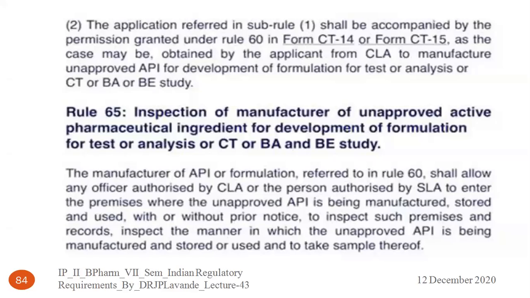So the manufacturer of the API or formulation referred to in Rule 60 shall allow any officer authorized by Central Licensing Agency or the person authorized by the State Licensing Agency to enter the premises where the unapproved API is being manufactured.